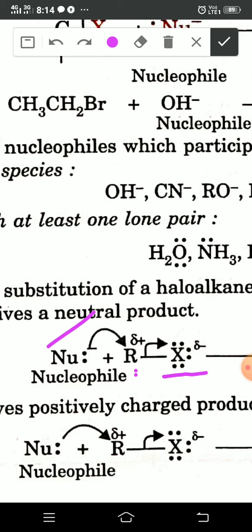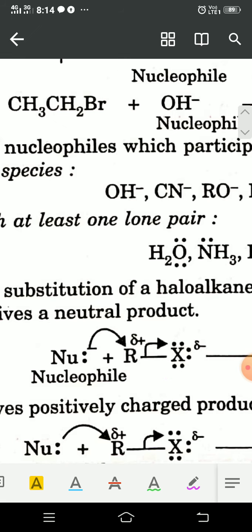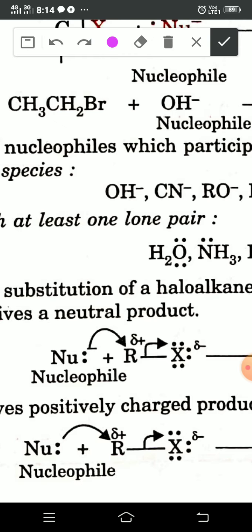But remember, this reaction will take place in two ways. Either in the first step, formation of carbocation will take place and then the nucleophile will attack. Or the leaving group will leave this carbon atom from this side and the nucleophile will attack on this side.